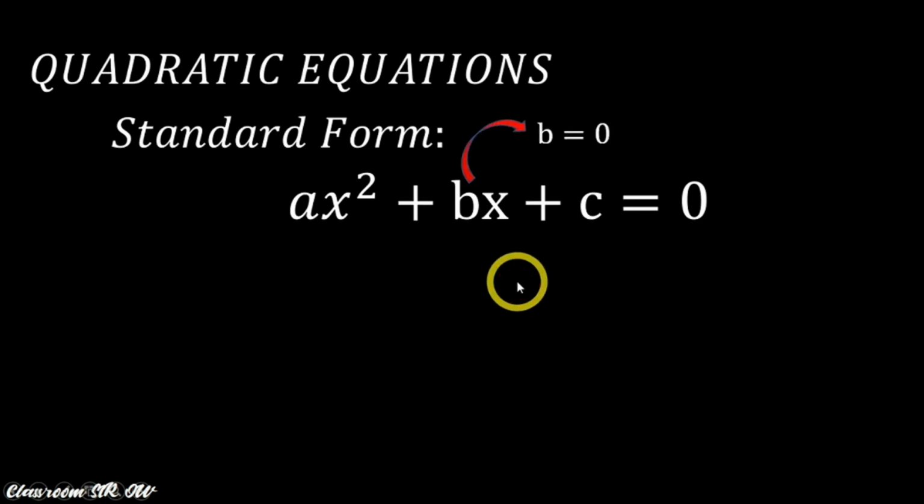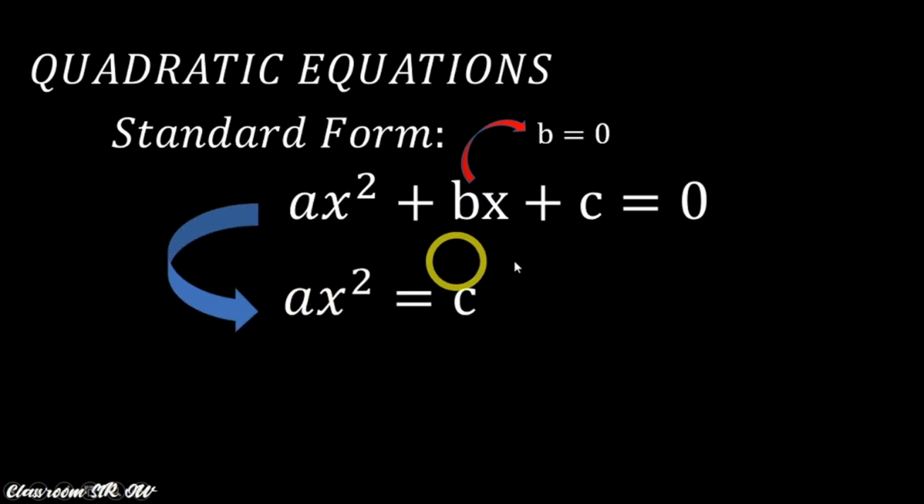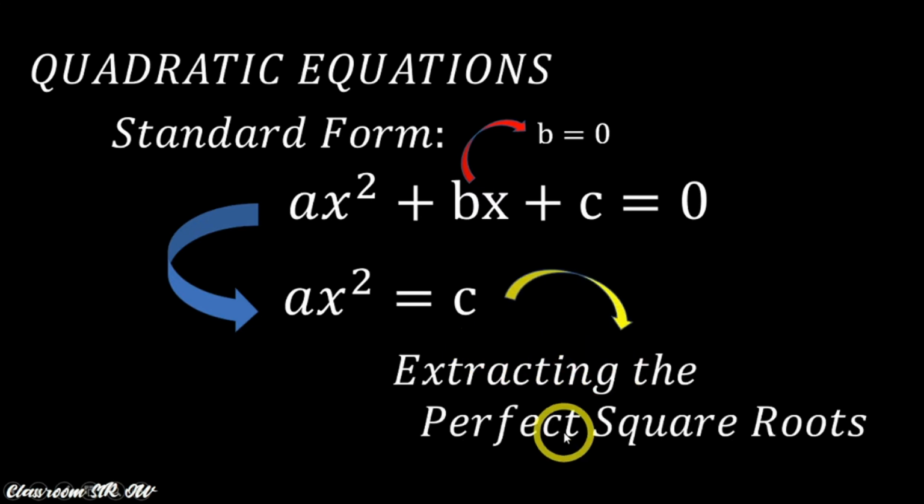Now, if b is equal to 0, then we can reduce our equation to ax squared is equal to c. If this is the given quadratic equation, then we can use extracting the perfect square roots. But the question is, how?